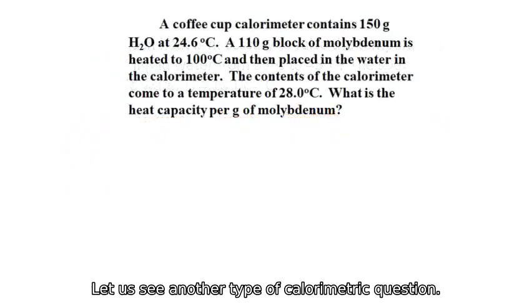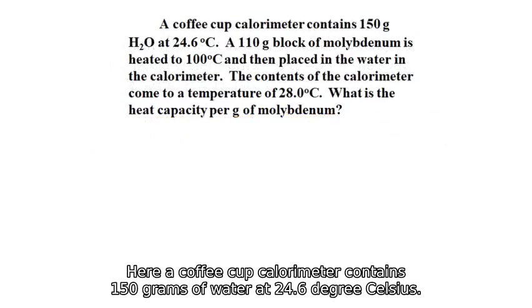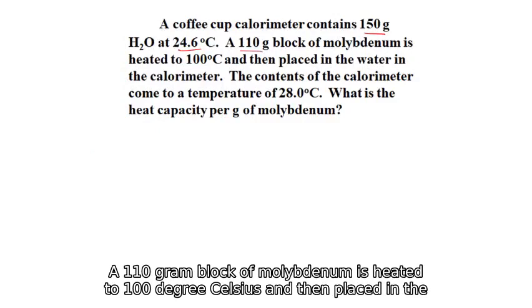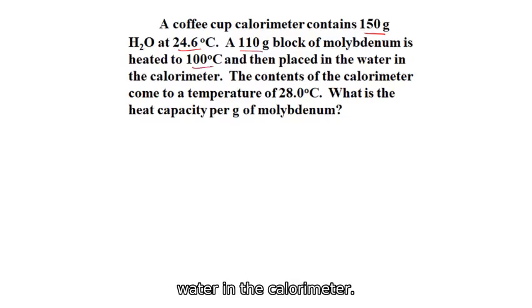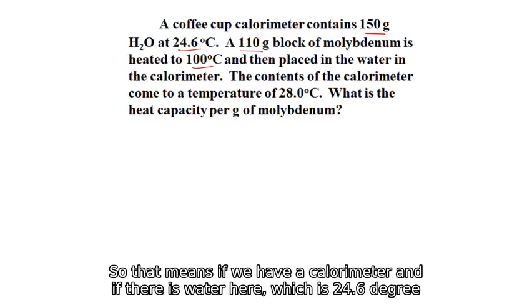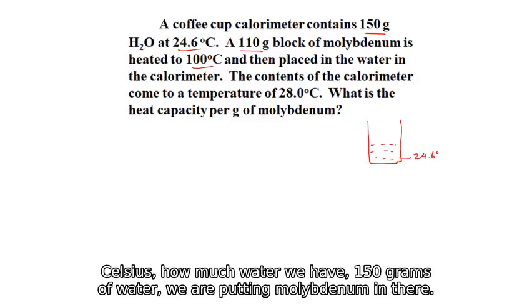Let us see another type of calorimetry question. Here, a coffee cup calorimeter contains 150 grams of water at 24.6 degrees Celsius. A 110 gram block of molybdenum is heated to 100 degrees Celsius and then placed in the water in the calorimeter. So if we have a calorimeter and there is water here at 24.6 degrees Celsius, how much water do we have? 150 grams of water.